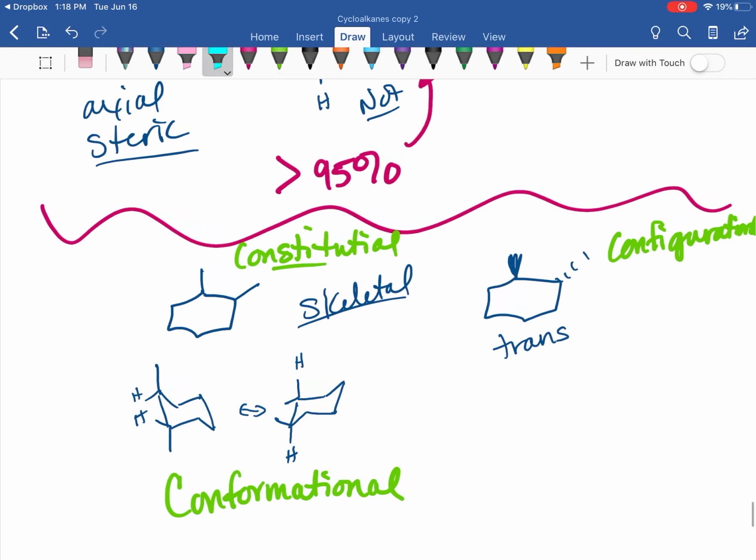So what we need to practice, number 1, is putting stuff on our chair and then flipping it. And then number 2, we need to connect these 2 drawings. We need to be able to go back and forth between our bolds and dashes and our chair. So let's stop this video.